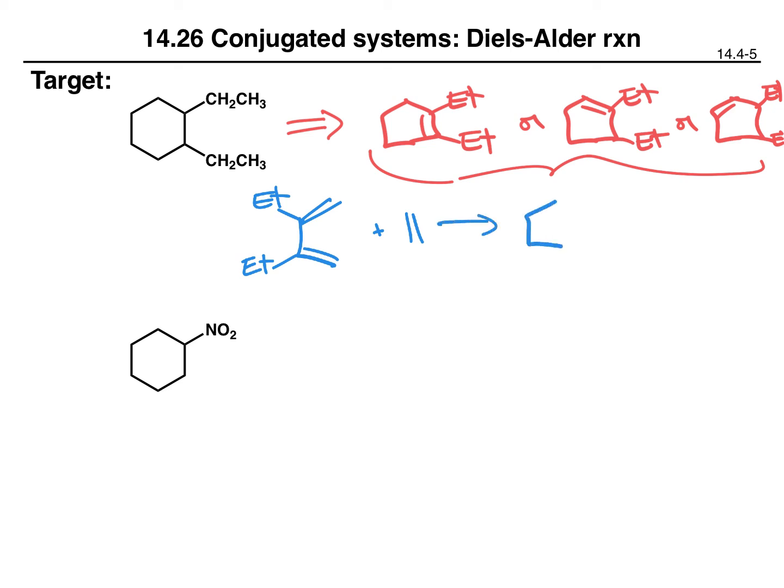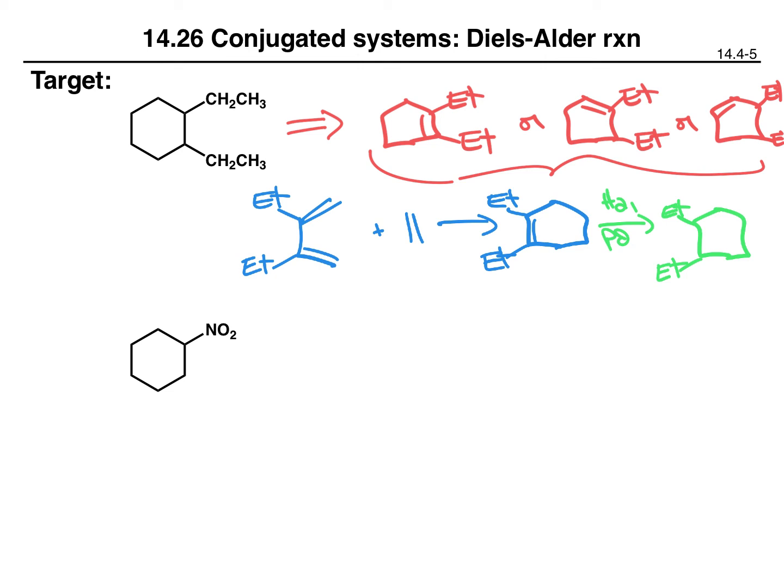We'd carry out the Diels-Alder to give us this product, and we do it this way because we expect that it will be a successful reaction. And then once we have our Diels-Alder adduct, then we can just treat this with hydrogen and palladium to give us the target.